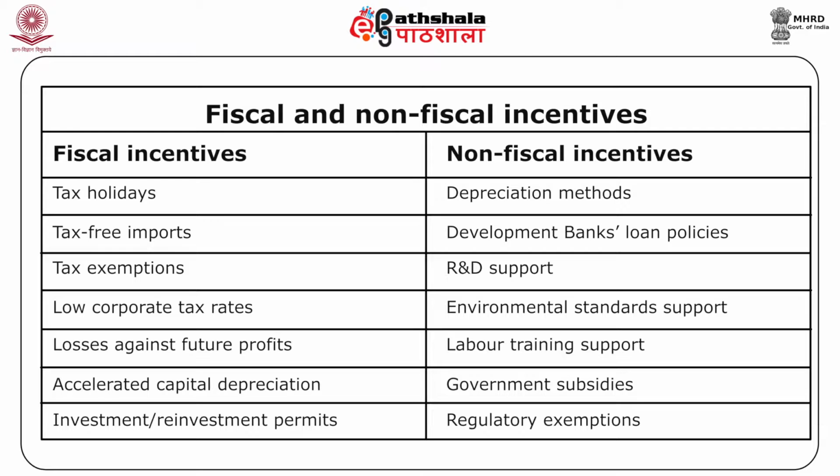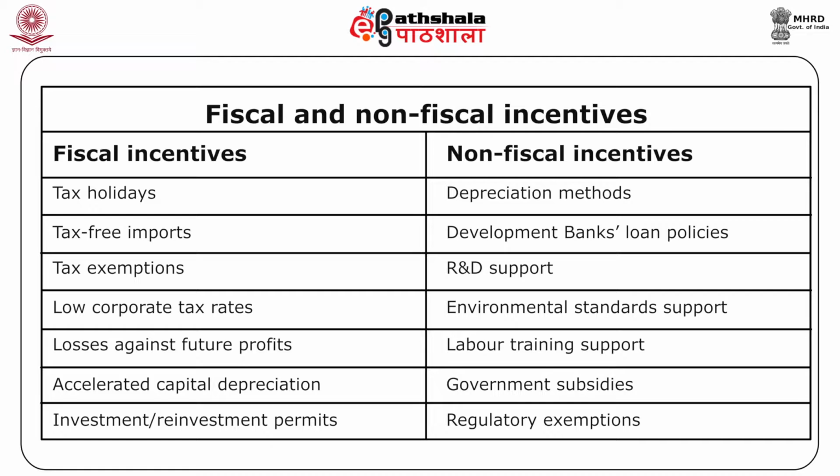So, we have fiscal and non-fiscal. Let's look at the fiscal first. Amongst the fiscal are tax holidays, tax-free imports, tax exemptions, low corporate taxes, losses against future profits, accelerated capital depreciation, investment or reinvestment permits, and lower social security payments.